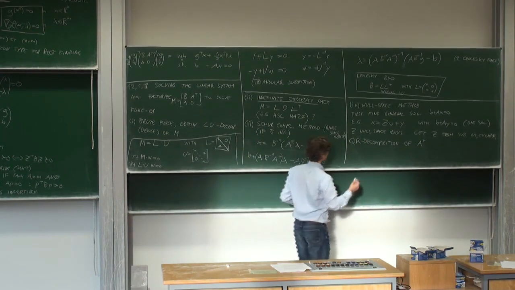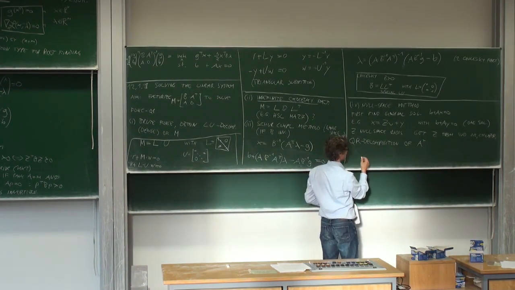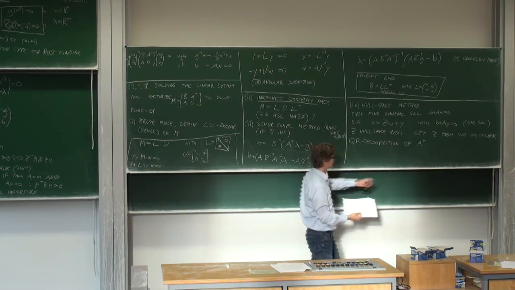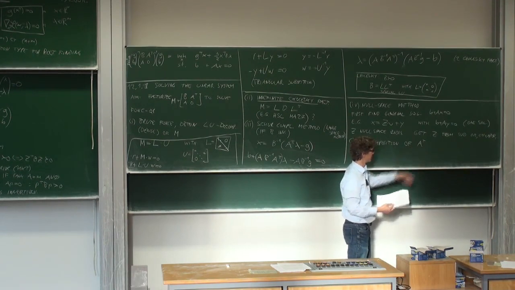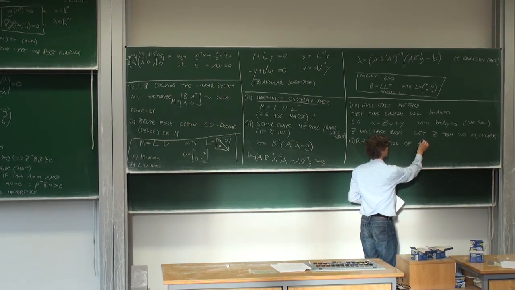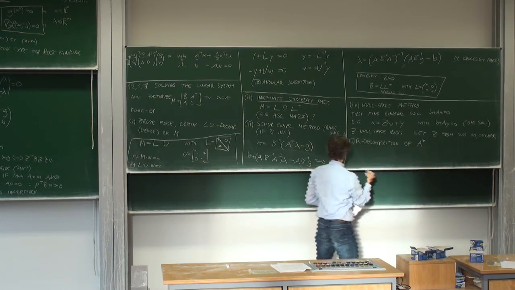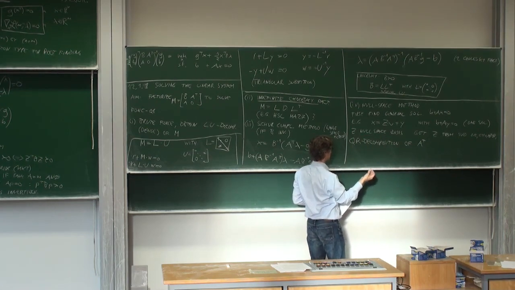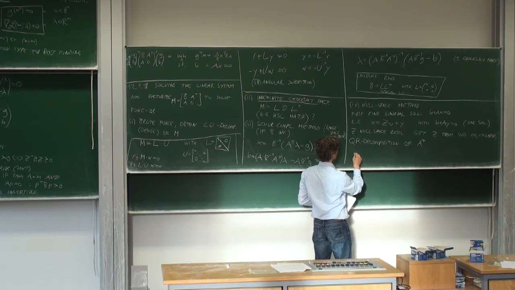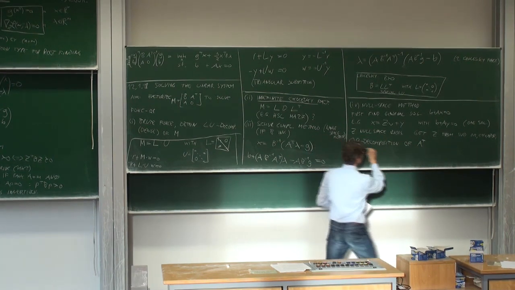So if you have a matrix, I don't want to call it A because I want to apply it to A transpose, so let's call it B, C, D, E, say. What is a QR decomposition?